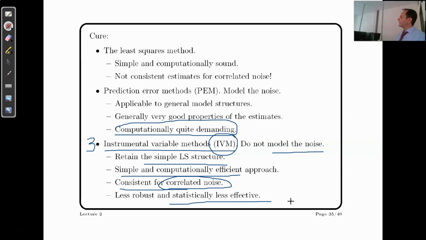So it's something in the middle between the prediction error method and the least square. It's simpler, but the accuracy of your solutions is a little bit worse than the prediction error method. So it's like a trade-off.